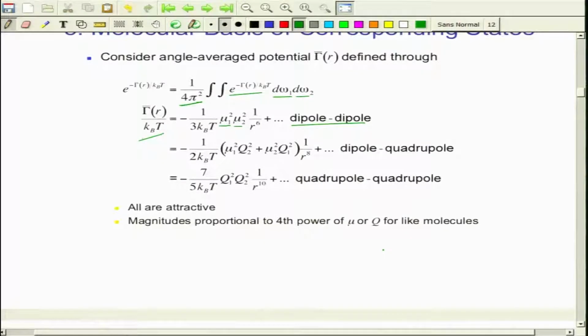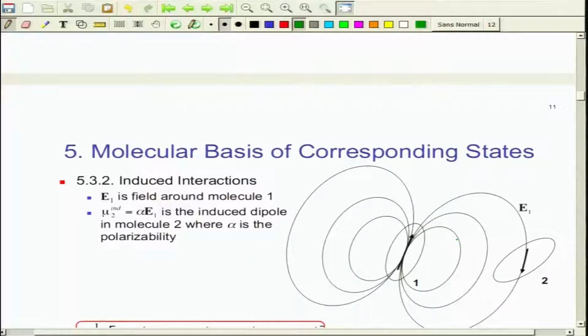It tells you that the dipole interaction is proportional to 1 by r^6, dipole-quadrupole decays faster, quadrupole decays much faster. But nevertheless all are attractive, and the important thing is the magnitude is proportional to the fourth power of mu or q for like molecules. So this is what the average part comes out to be.